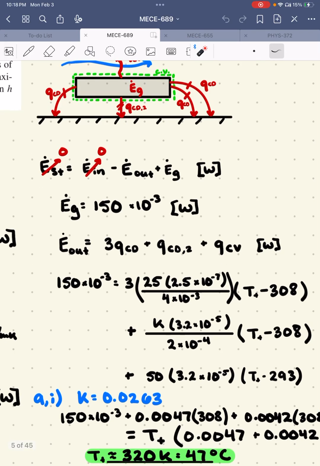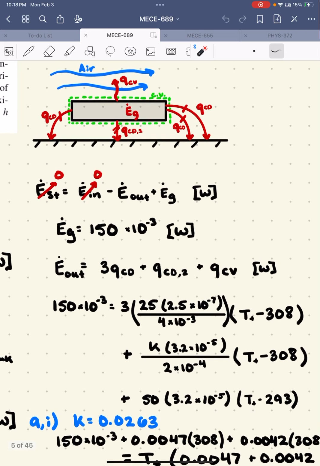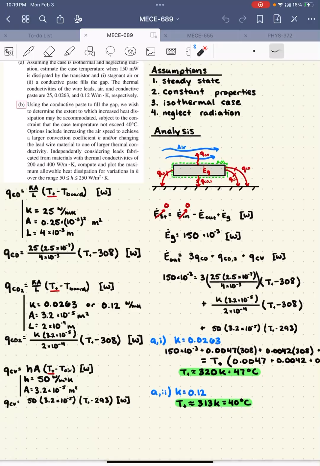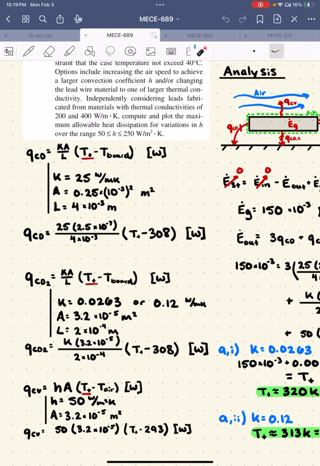E dot out is equal to 3 times Q_cd plus Q_cd2 plus Q_cv. So Q_cd is the conduction. We have 3 of the leads leading off of it. Q_cd2 is the gap here, and Q_cv is the convection due to the air. Each of these are defined by these equations here.